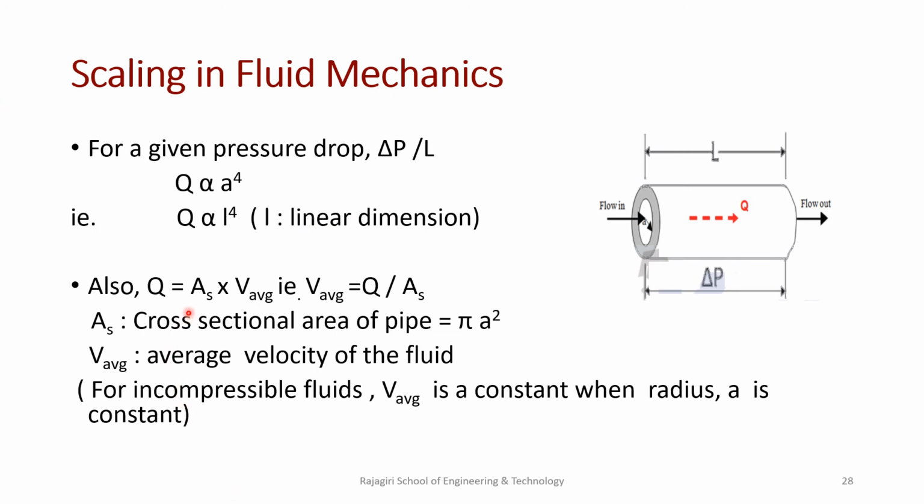The volumetric flow Q can also be expressed as equal to the cross-sectional area of the pipe A_s into the average velocity of the fluid, V average. The area of cross-section of the pipe is given by pi a square. Now for incompressible fluids, V average is a constant when the radius a is constant.